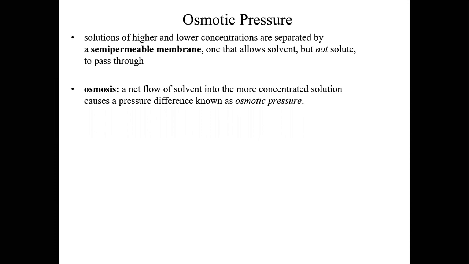So, for example, if you have pure water and you have a salt solution, water molecules will move from the pure water into the salt solution. So the level of pure water goes down, the level of the salt solution goes up until you reach the osmotic pressure. And so if you apply more than the osmotic pressure, you do reverse osmosis, where water goes from a region of low concentration to high concentration.